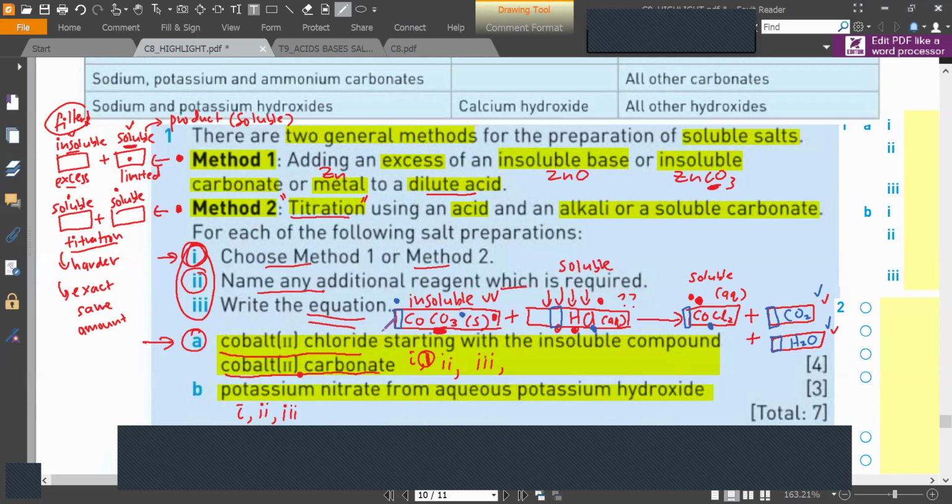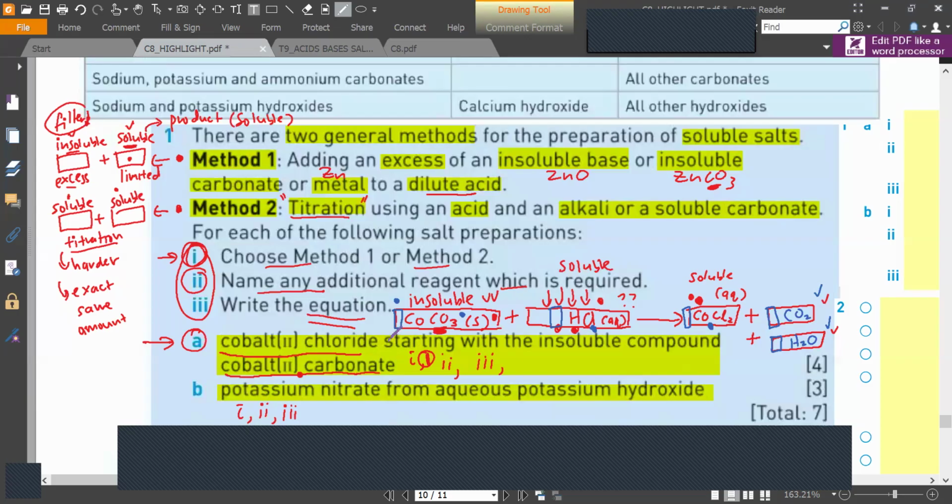Try to balance the equation and let me know. What do you think?